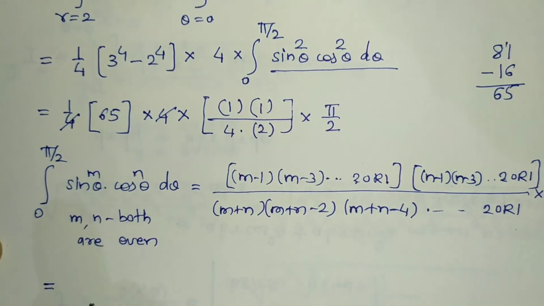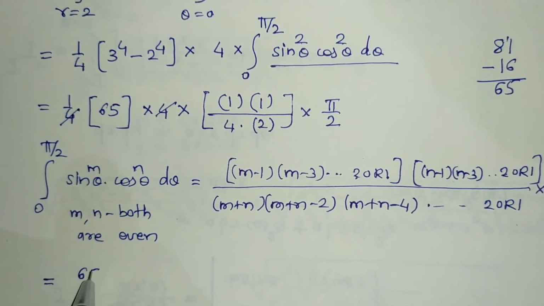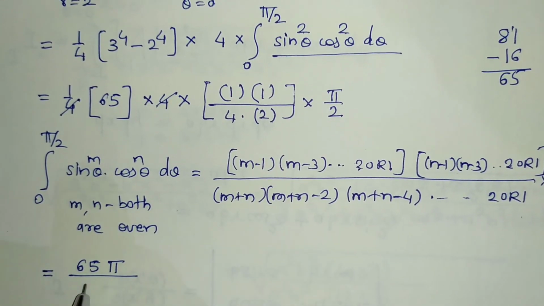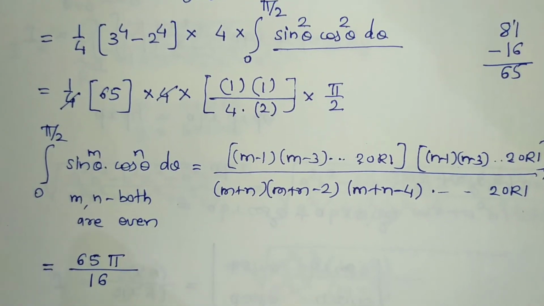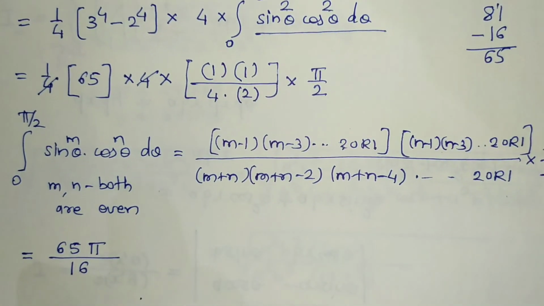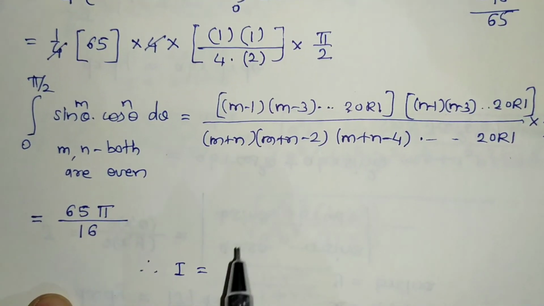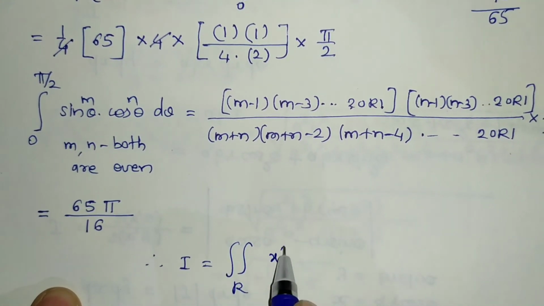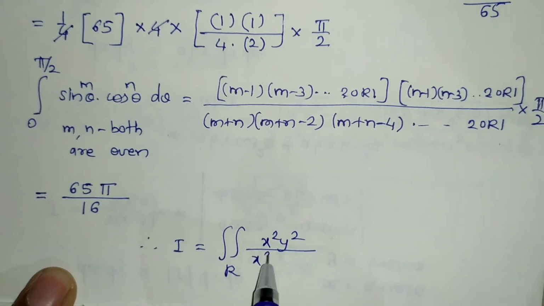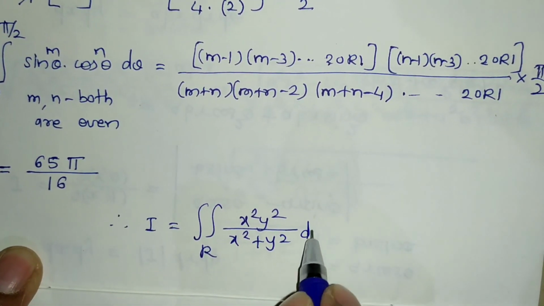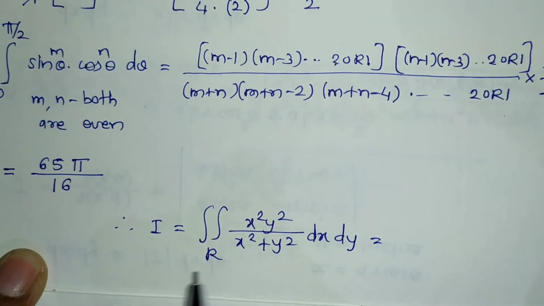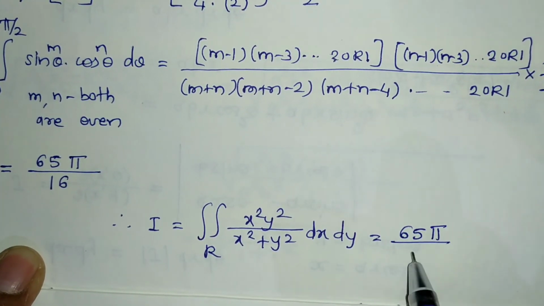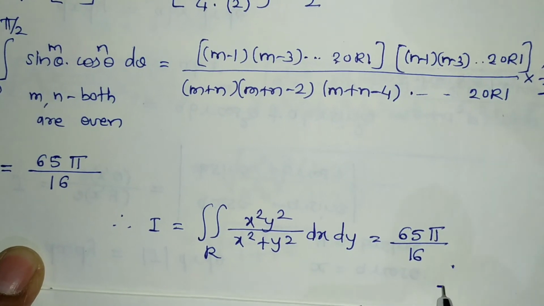So it is 65 pi divided by 16. Therefore I, that is the value of the given integral, the double integral over R of x squared y squared upon x squared plus y squared dx dy for the given annulus, is 65 pi divided by 16. Okay, thank you.